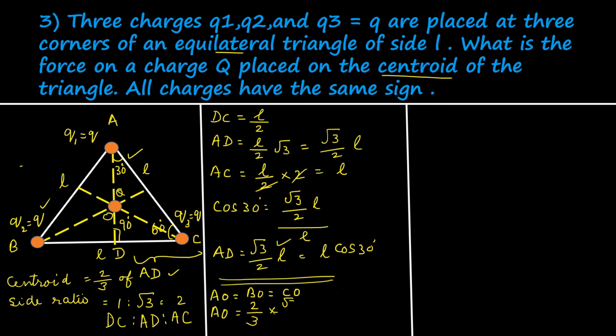But AD is equal to root 3 by 2 into L. We will substitute that here. On simplification, it becomes root 3 by 3 into L. To remove the square root, we will square up the whole equation. Then it becomes AO square is equal to root 3 square into L square by 3 square, which on simplification becomes L square by 3.